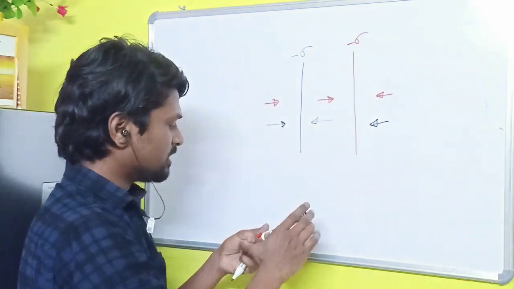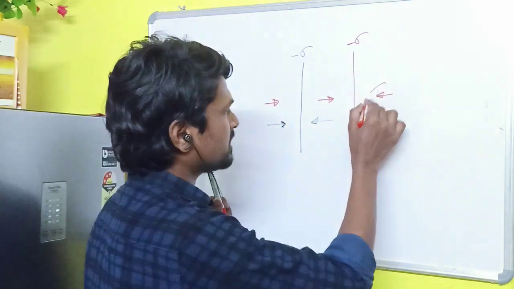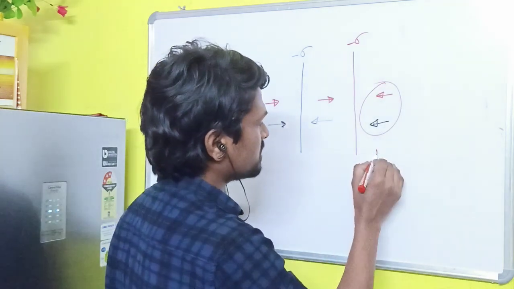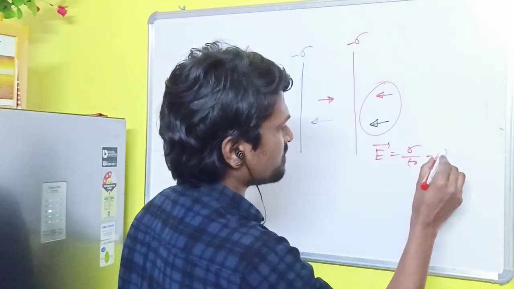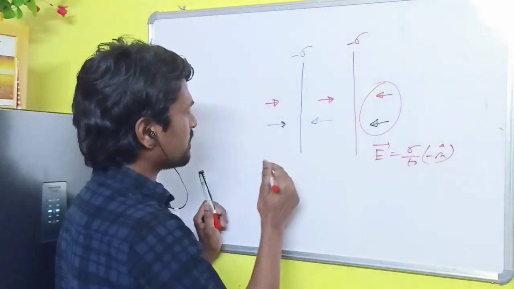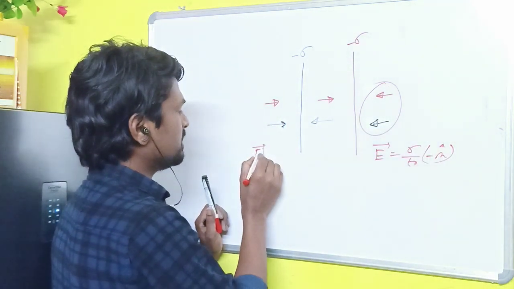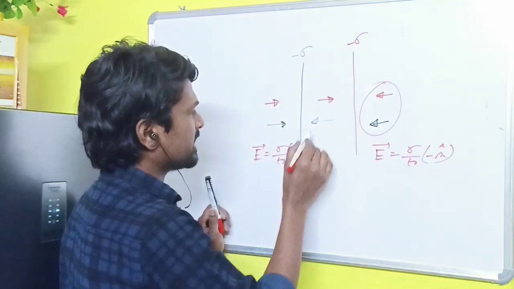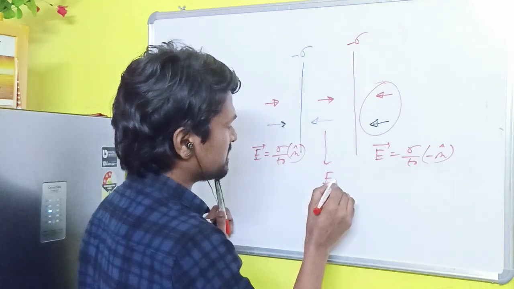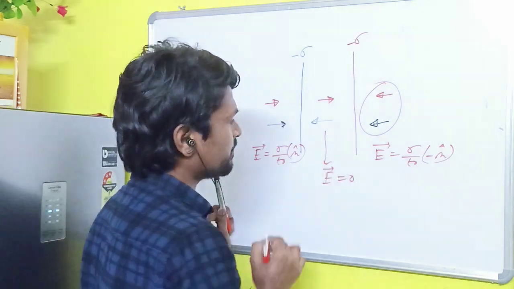So you can judge that the electric field is sigma by epsilon naught into minus n cap. Minus means along this direction, and on the other side E vector is sigma by epsilon naught along n cap, and at the center the electric field is 0.